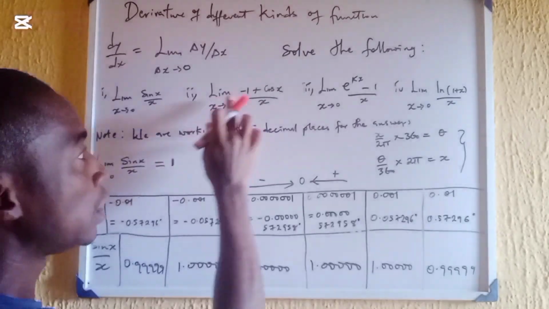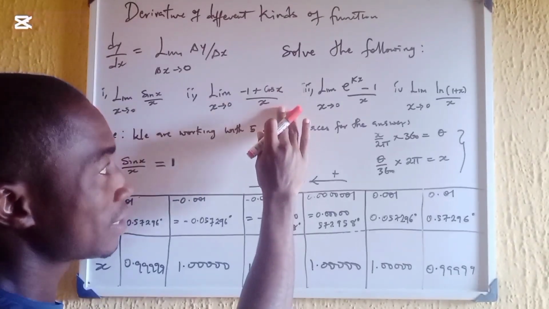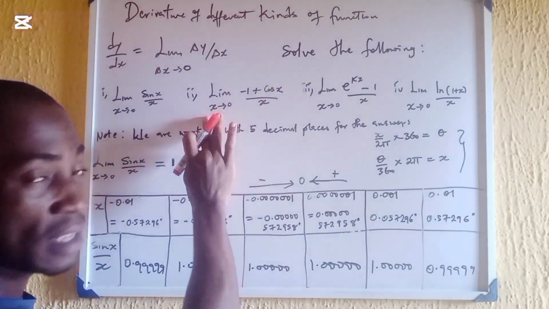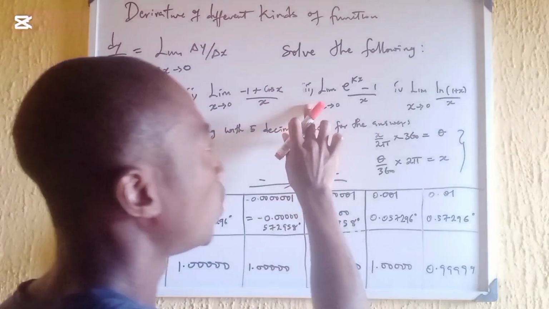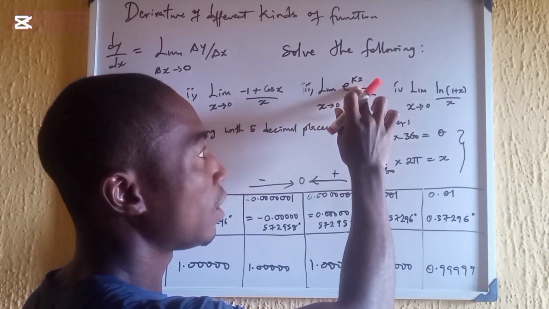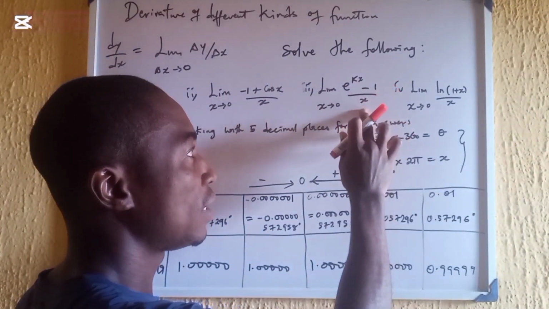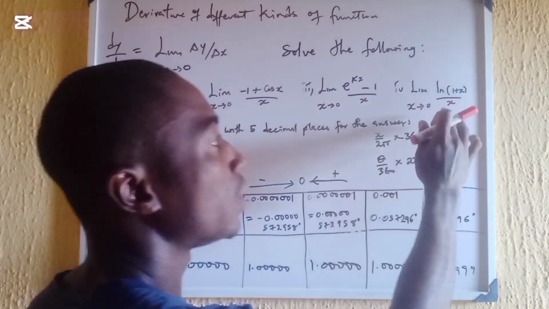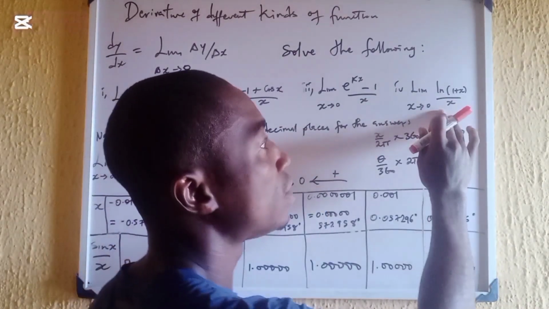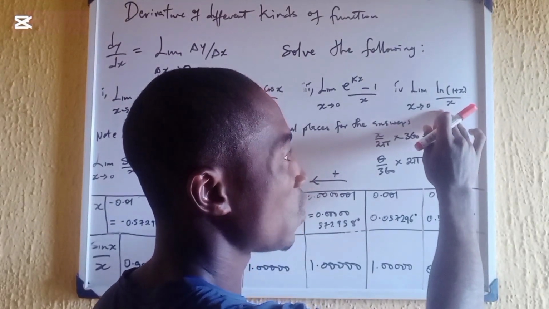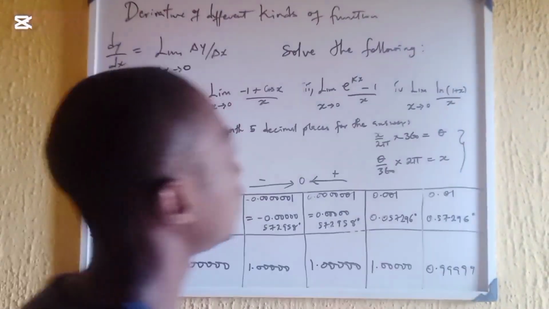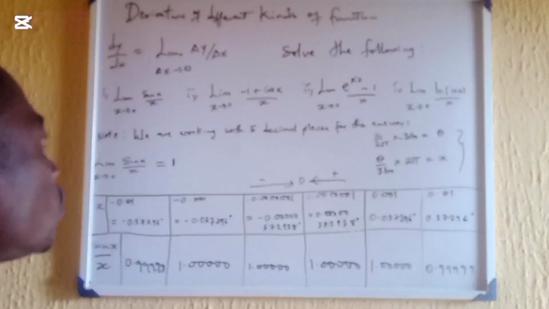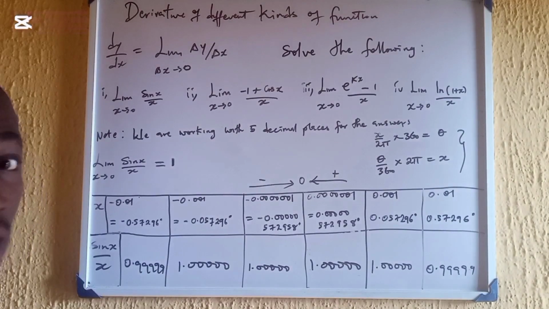The second one is limit of minus 1 plus cos x over x as x tends to 0. And the third one is limit of e to the power kx minus 1 over x as x tends to 0. Then the fourth one we have is limit of ln(1 plus x) over x as x tends to 0. So we'll be working with 5 decimal places for the answer we'll be getting.